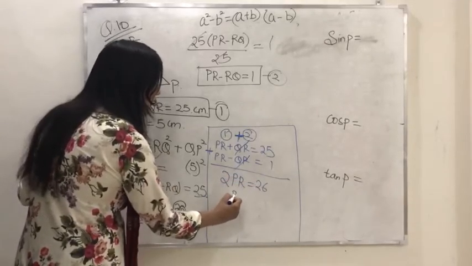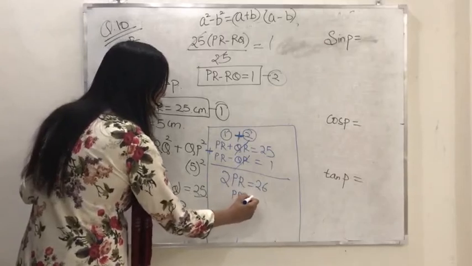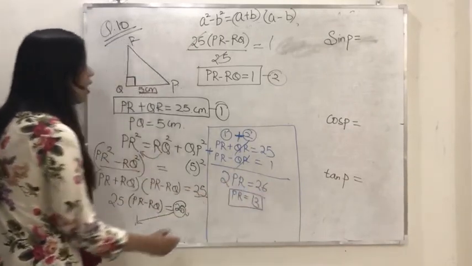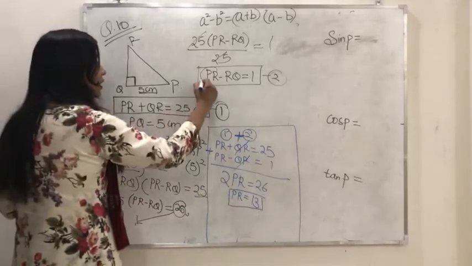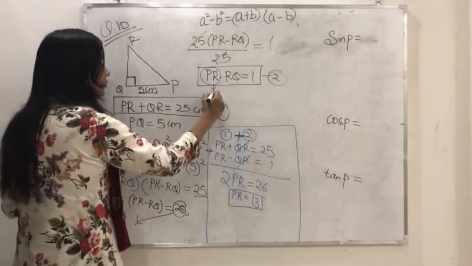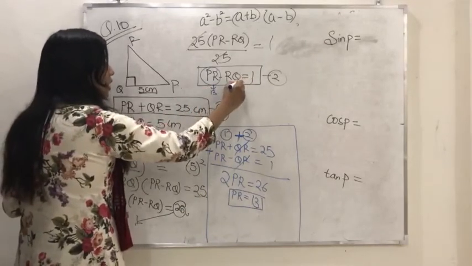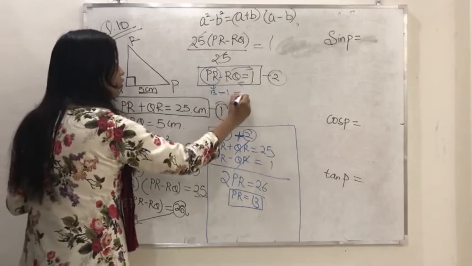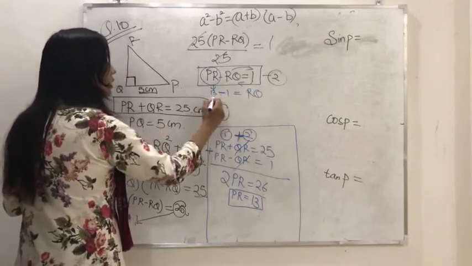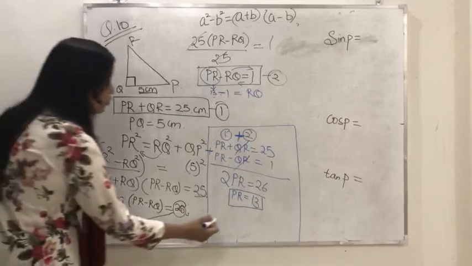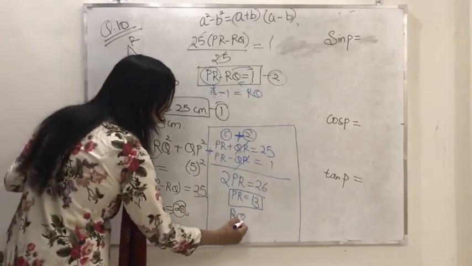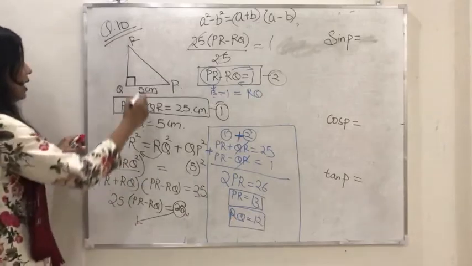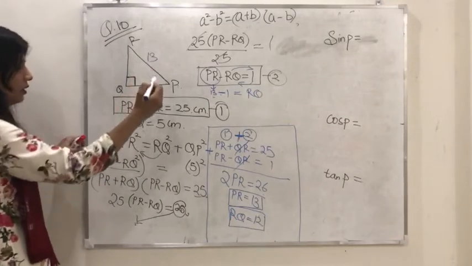So PR is 26 upon 2, that is 13. Now if PR is 13, I will shift this 1 to the left side, so it becomes minus 1, and RQ to the right side. 13 minus 1 is 12, so RQ will be 12. Now my PR is 13.